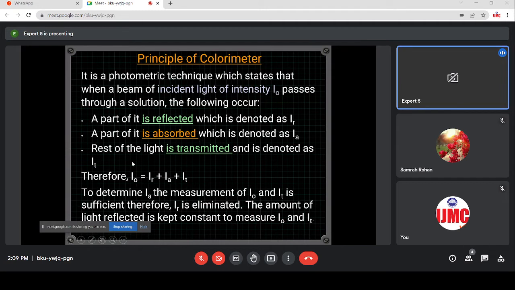Overall it gives information on how much is reflected, how much is absorbed, and how much is transmitted. To determine absorbance A, the measurement of IO and IT is sufficient, so IR is eliminated.